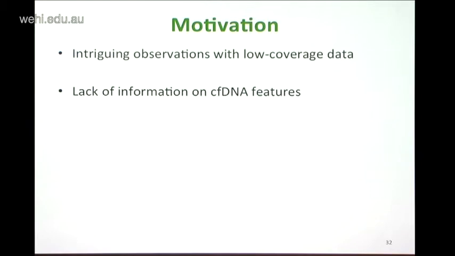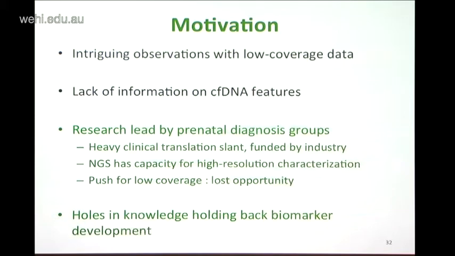And when we went back to the literature, we couldn't find anything about what we were seeing. This seems to be due to a lack of basic research done in cell-free DNA, because this whole arena had been led by the prenatal diagnosis groups, and they were funded by the industry, and they were always looking for any method to be clinically translated.